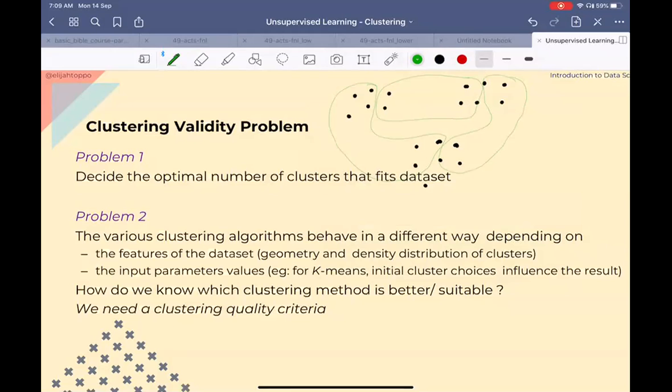Absolutely not, right? And we take the same data, and let's say we say cluster 1, cluster 2, cluster 3. Okay, and in the second case?